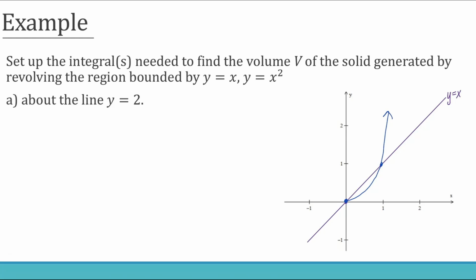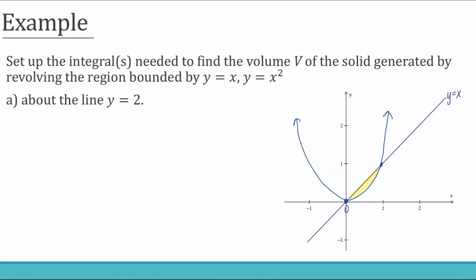It does continue to the other side, but we want the region bounded between these two functions, which is just this little sliver here that's in quadrant 1. We can see that these intersect at 0, the origin, and at that x value 1. So by drawing a detailed graph, we were able to find those points of intersection.